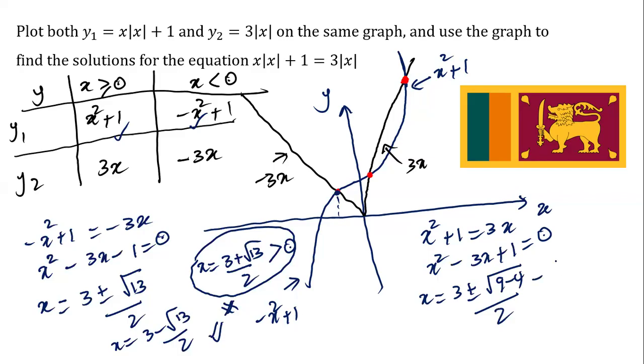So this is 3 plus or minus root 5 over 2. So this point will become 3 minus root 5 over 2, and this point will become 3 plus root 5 over 2.